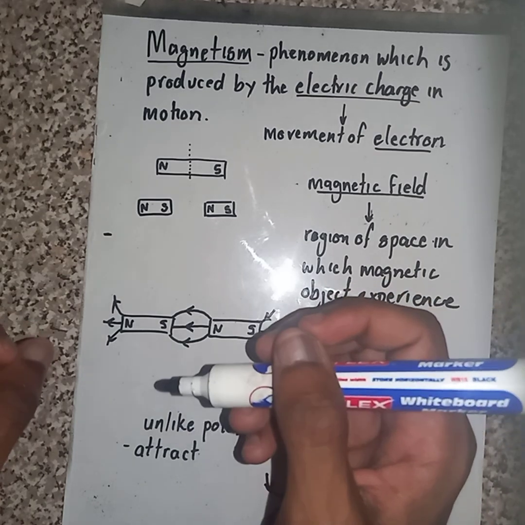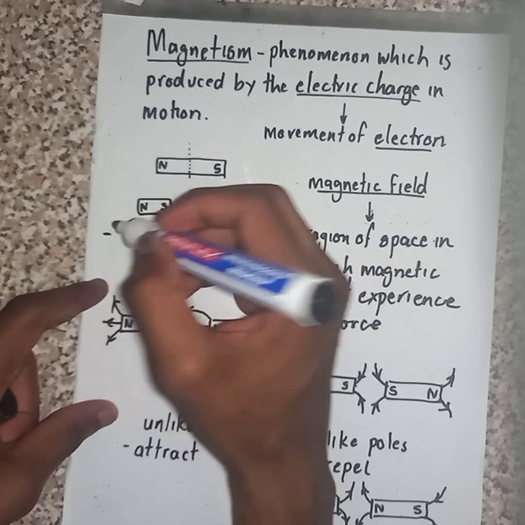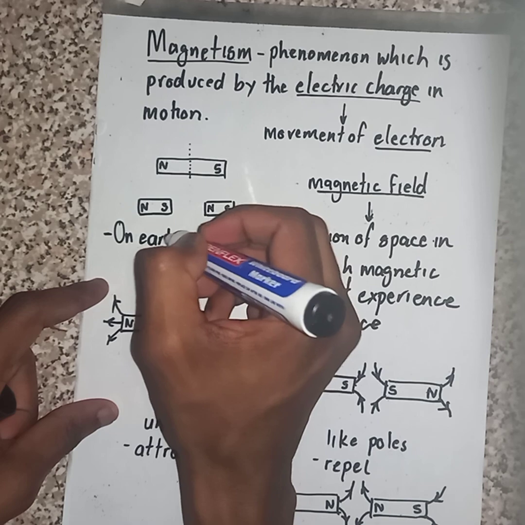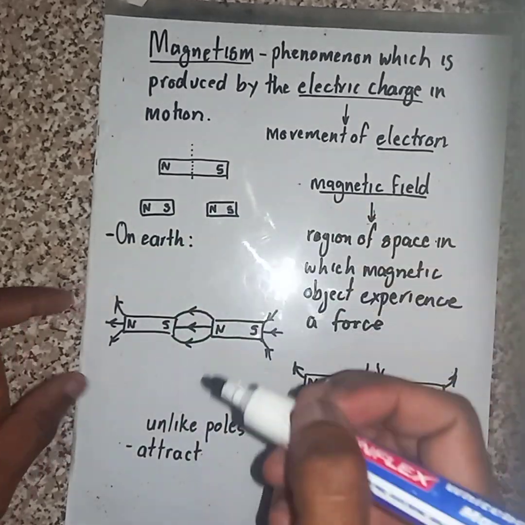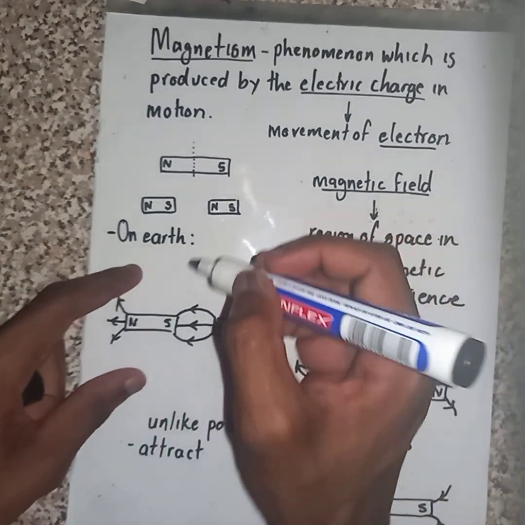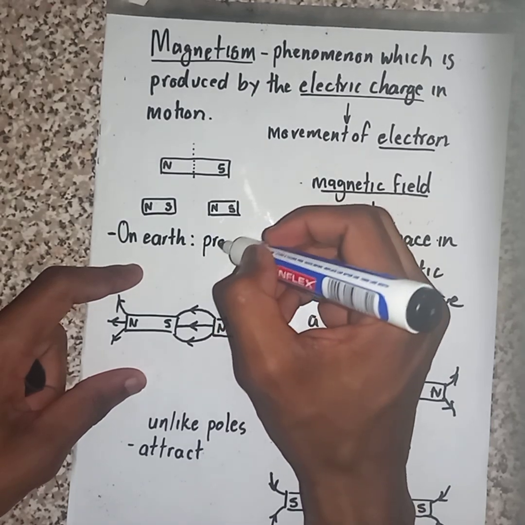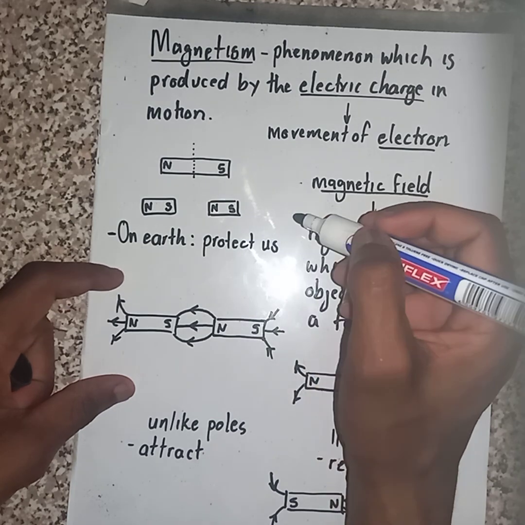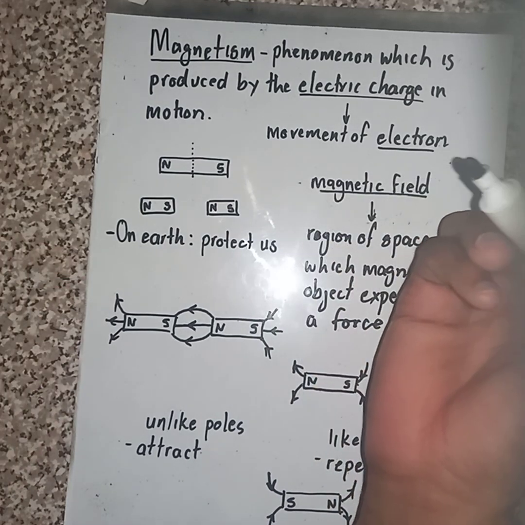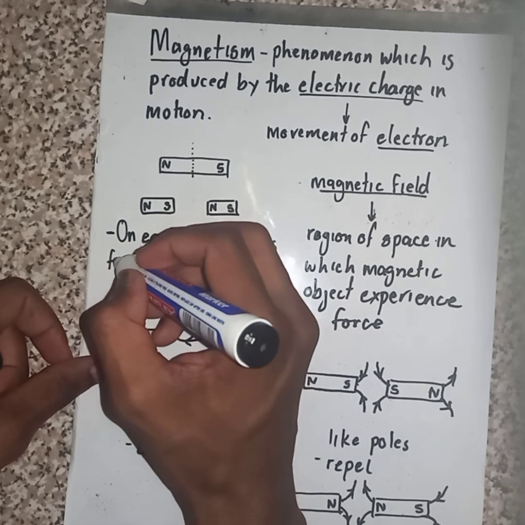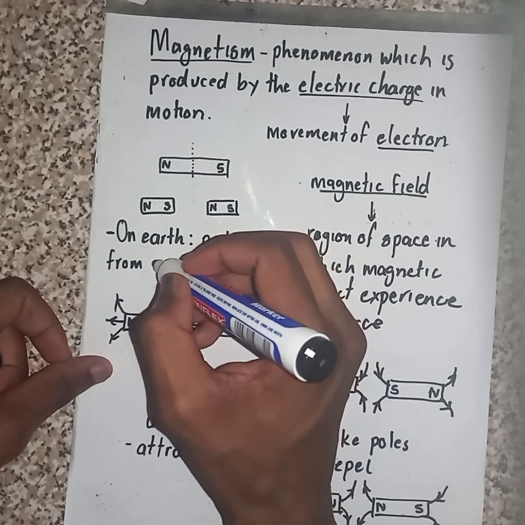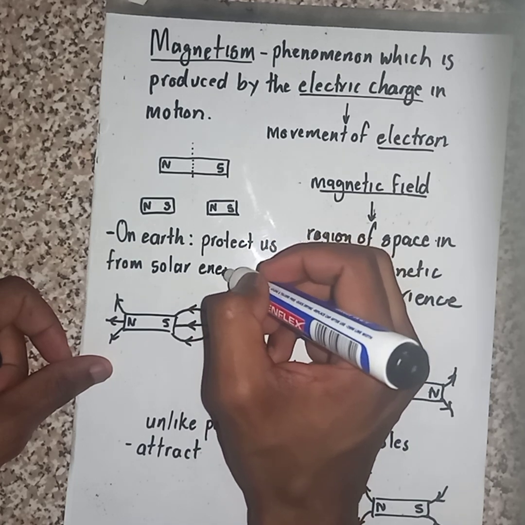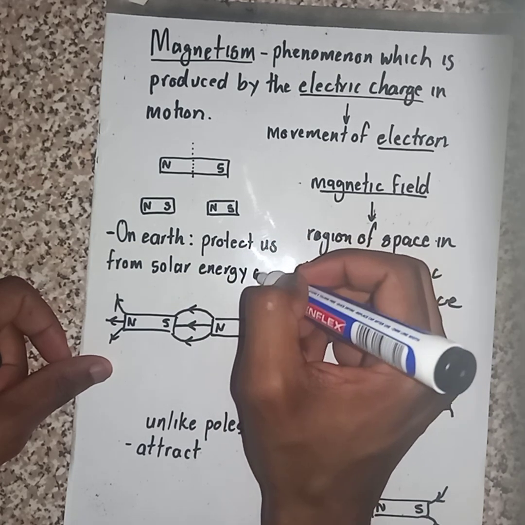It is that on earth, the magnetic field protects us, or protects the earth somehow, us from the solar energy of the sun.